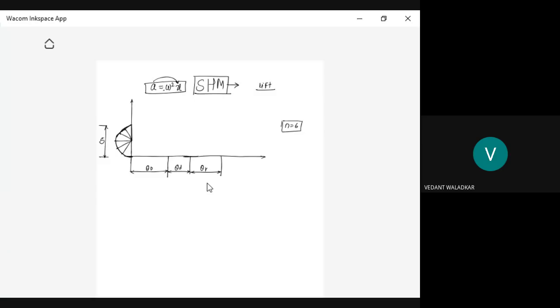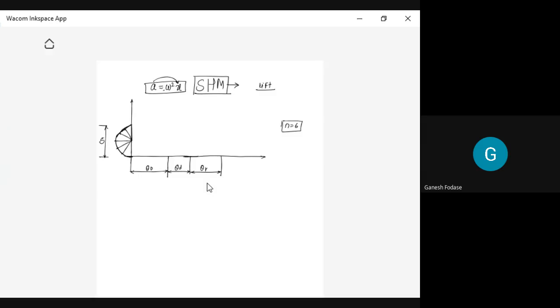Okay. So I just told you the motion of the follower is SHM. Now the important thing for us is how the displacement diagram is, and how velocity and acceleration are. We come to know that point. So first step, I divide this semicircle into 6 parts. Next, divide this distance of theta O and theta R into the same parts, because during rise there is simple harmonic motion, and during return also there is simple harmonic motion.